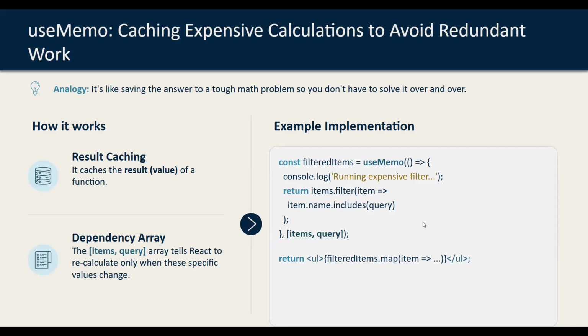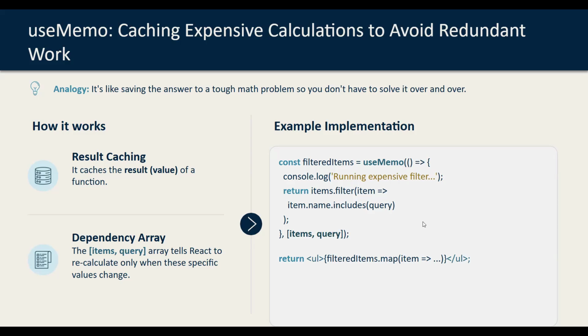In the example on the right here, we are memoizing the filtered list so that React only reruns that filter when its dependencies, items and query, actually change. A good way to think about it is like saving the answer to a hard math problem so that you don't have to solve it again and again. If the inputs stay the same, you can just reuse the same answer.